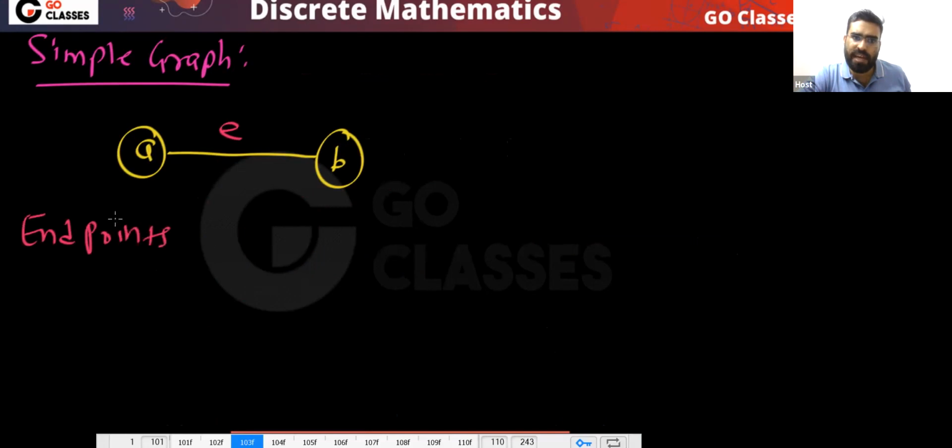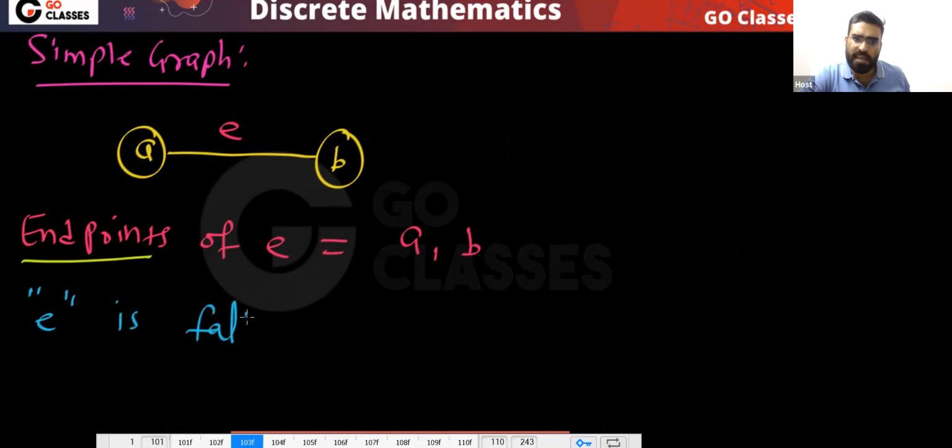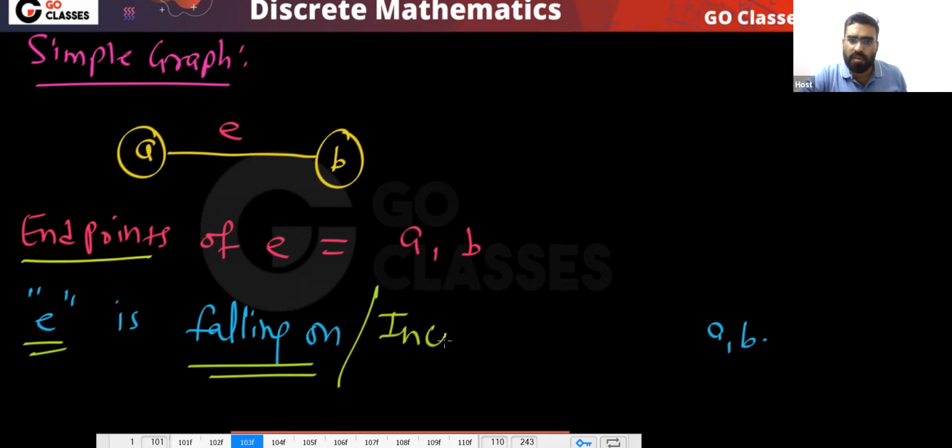The endpoints of E are A comma B. Because these are the endpoints of E, I can say E is falling on A comma B. This word falling on is the same as incident on. So this edge is incident on A comma B.